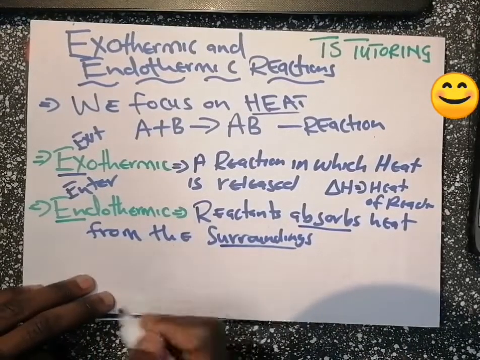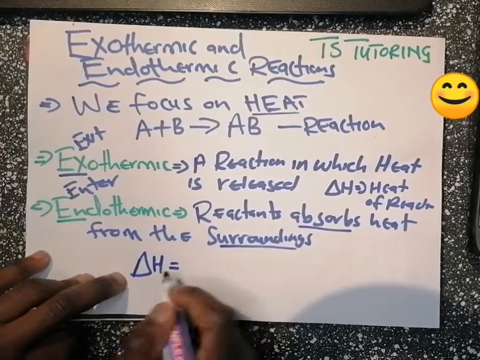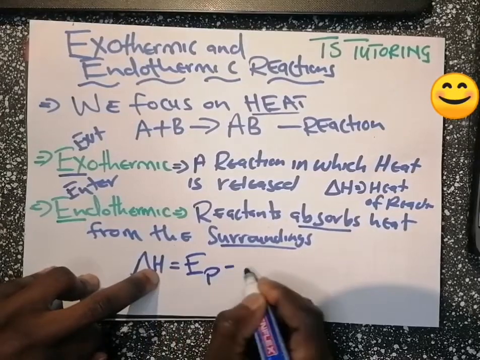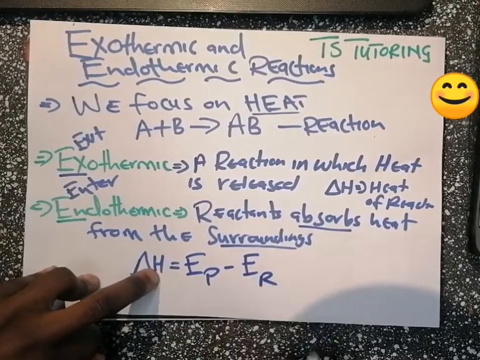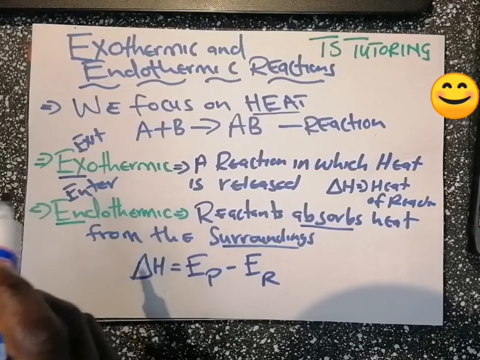So we will be dealing with an equation. The heat of the reaction is the energy of the product minus the energy of the reactant, right? You will see when we show you a graph. But what you need to know is that we have two types of reactions, endothermic and exothermic.